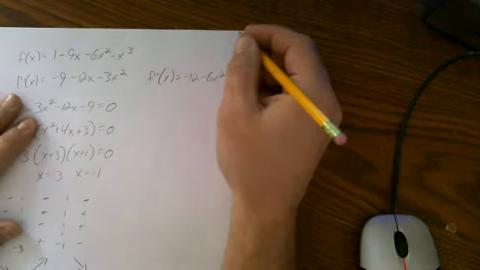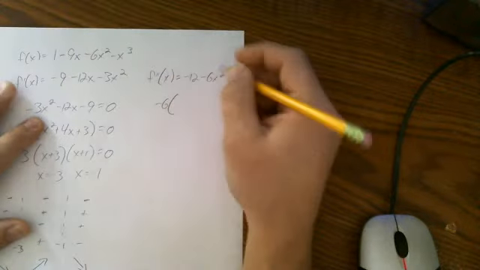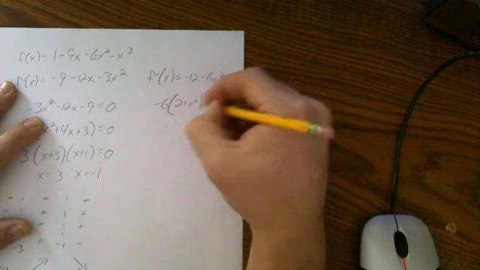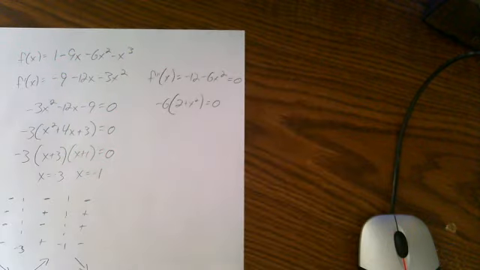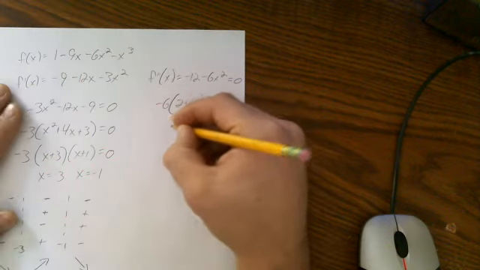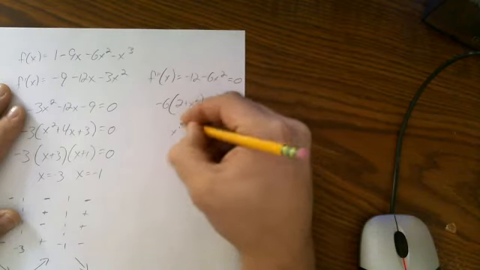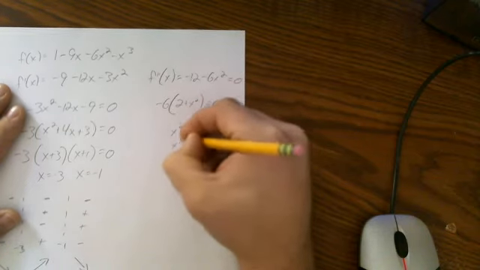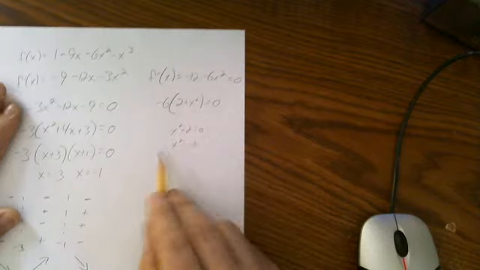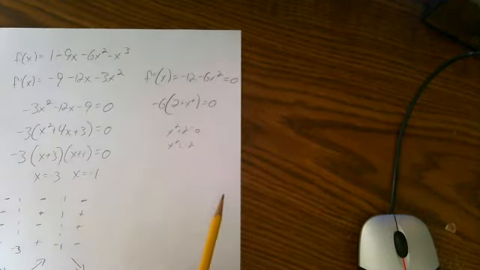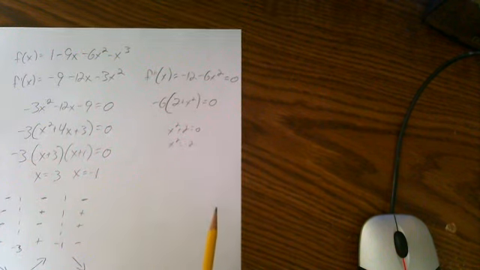So we have a GCF of negative 6, leaving you with 2 plus x squared equals 0. x squared equals negative 2. You cannot take the square root of a negative number, which means what? There are no inflection points. Concavity will not change for this graph.